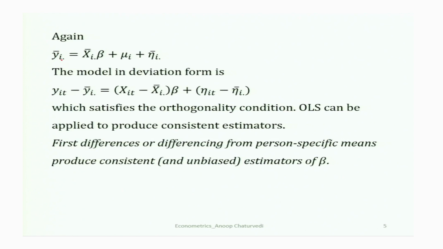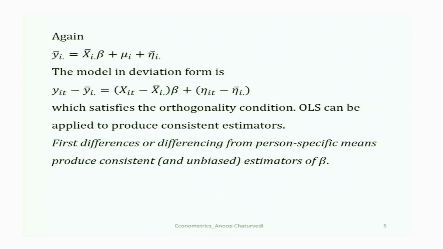So, y bar i dot is equal to x bar i dot beta plus mu i plus eta bar i dot. Then the model in deviation form is y it minus y bar i dot equal to (x it minus x bar i dot) beta plus eta it minus eta bar i dot.